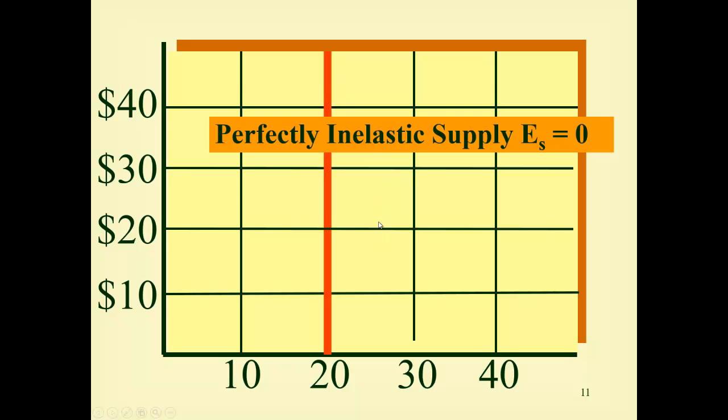So no matter what the price, supply is the same. Like Jackie Kennedy's belongings. After she died, the supply became perfectly inelastic because we couldn't produce them anymore. Like Van Gogh's paintings. After he died, it was impossible to increase supply. So the supply curve is vertical. Okay?